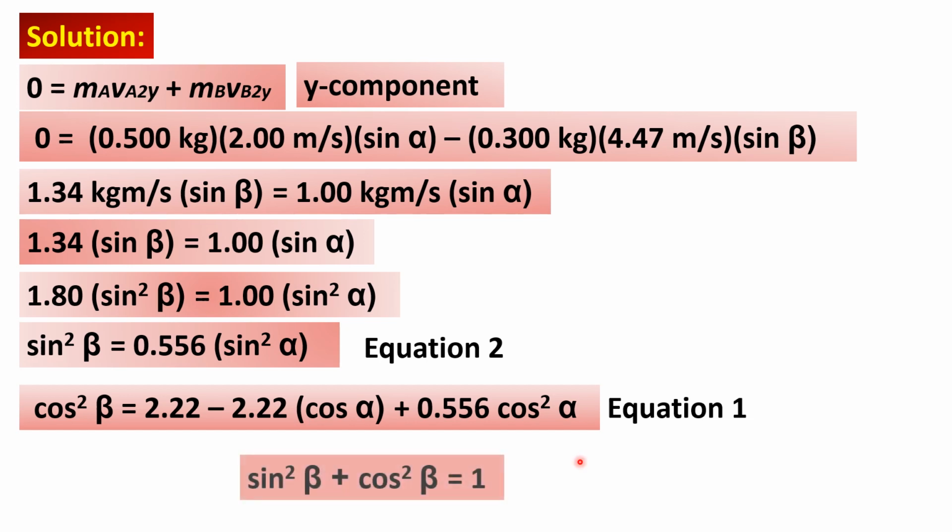And likewise, the other version is the square of the sine of angle alpha plus the square of the cosine of the angle alpha is also equal to 1. So these two identities will be applied in determining the two angles alpha as well as beta.